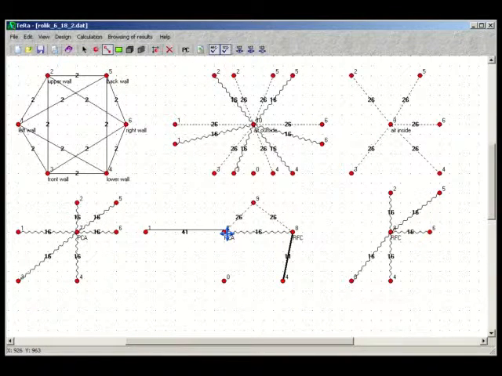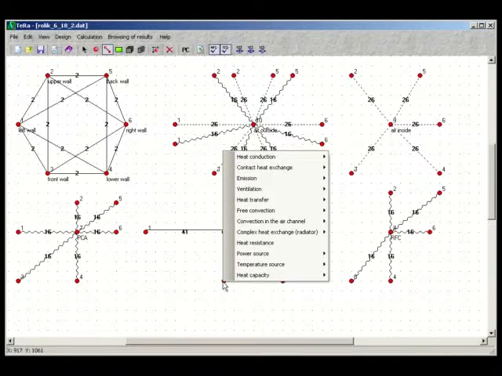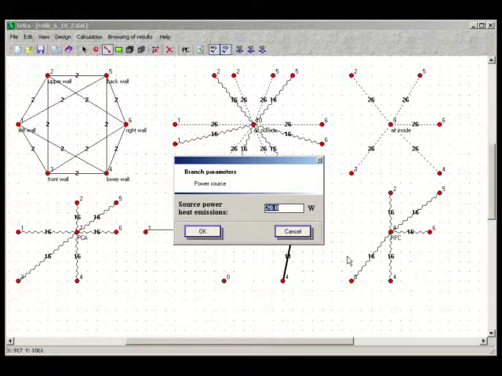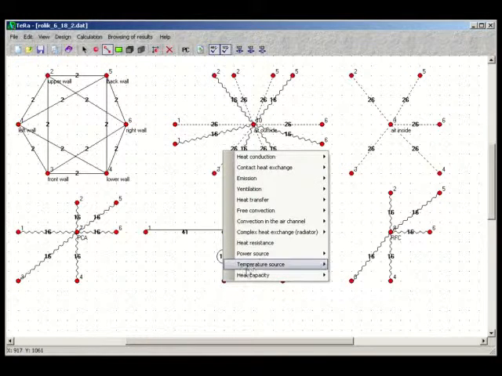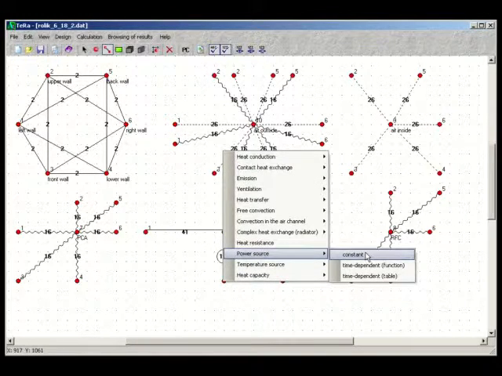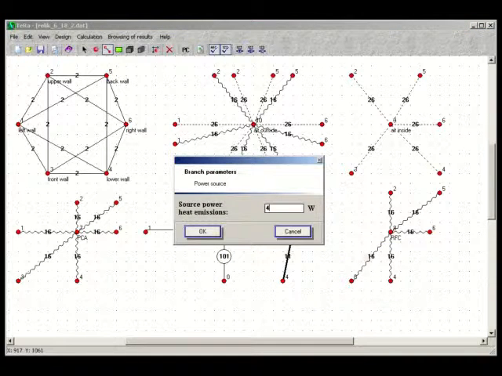Into block 7, printed unit, we include constant power source equal to 7 watt. And into block 8, transformer, we include constant power source equal to 4 watt.